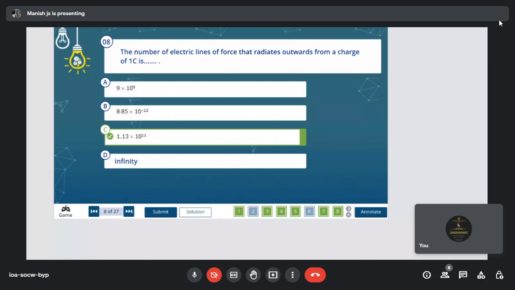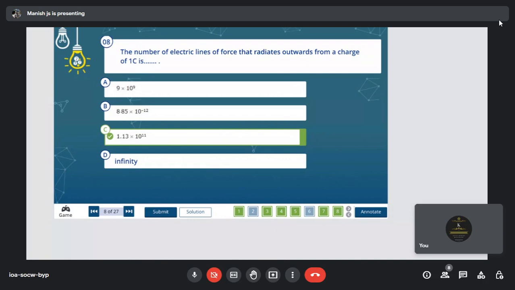So what is the formula? Yes, which formula do we rely on? Easy only this is. E is equal to F upon q naught. Okay, that is the relation between electric field intensity, force upon charge. So here you have only the charge. We don't have the force, nor the electric field.